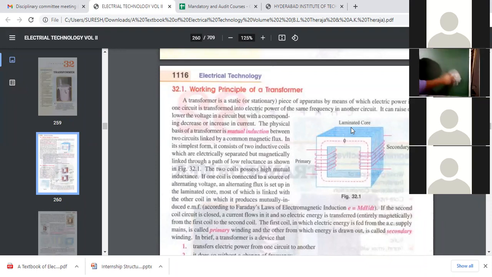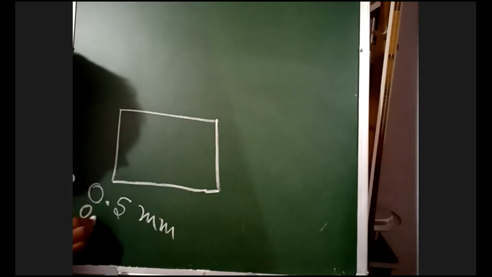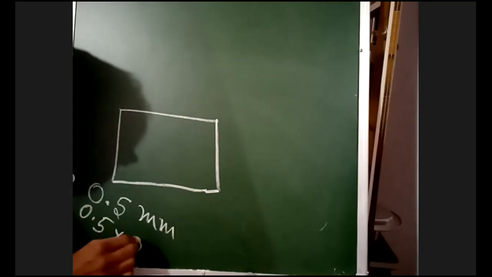See here. I'm taking one thin rectangular lamination sheet of thickness 0.5 mm. 0.5 mm means 0.5 into 10 power minus 3 meter.